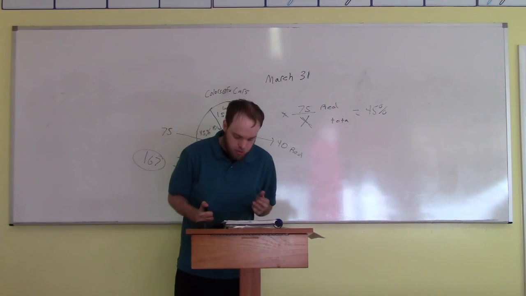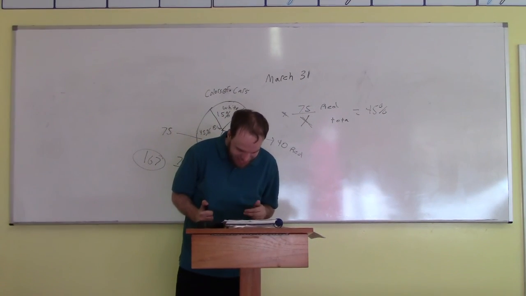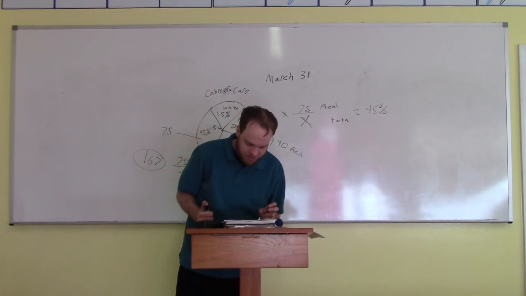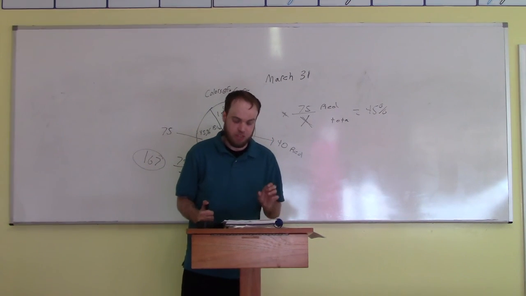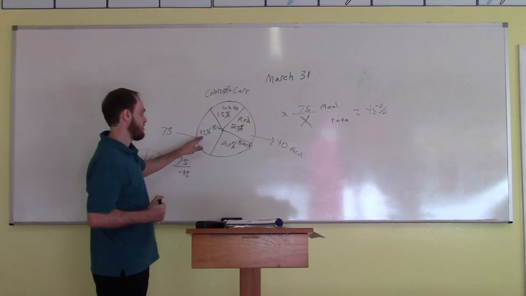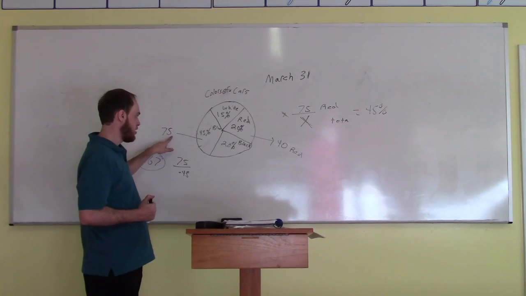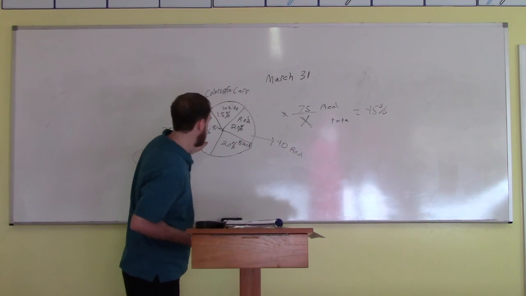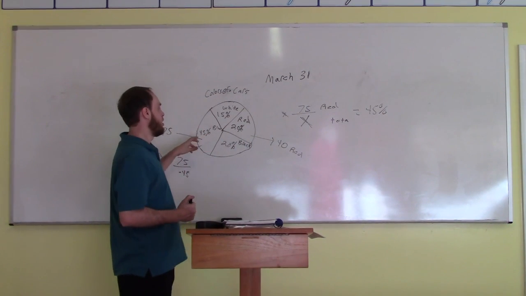And then they basically want you to tell the percent for each of those. They give you the total and the number of each, so to find the percent, you just have to do what I did right here, and work it through.